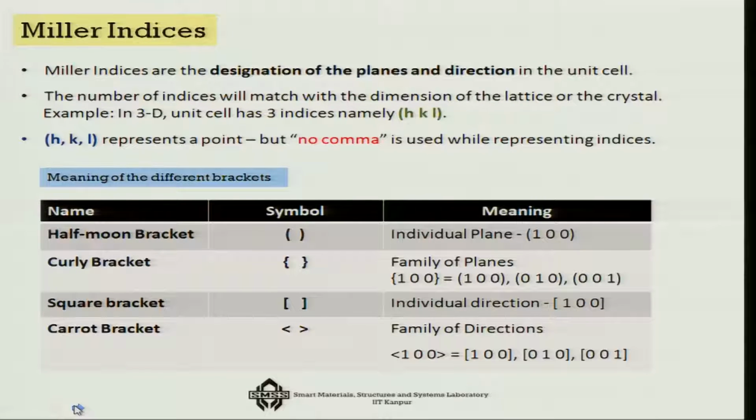Now, Miller indices are the designation of the planes and directions. The number of indices matches the dimension of the lattice or the crystal.